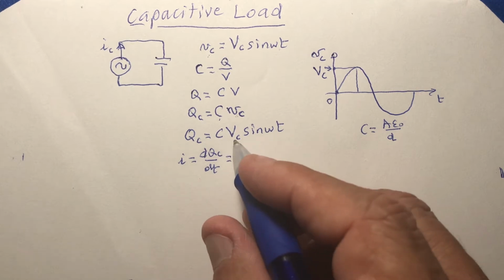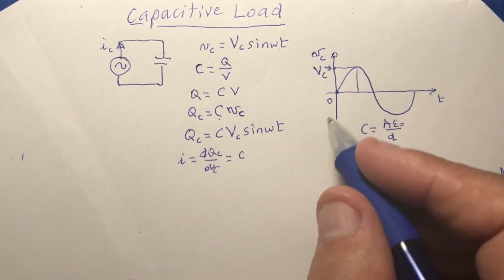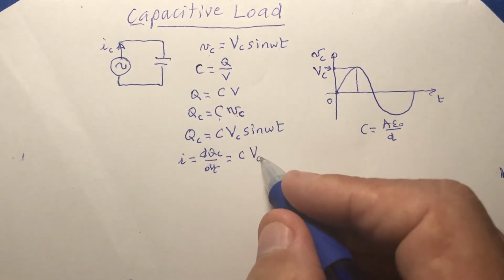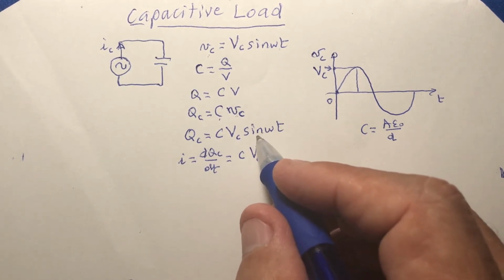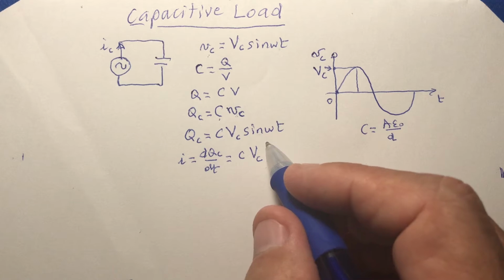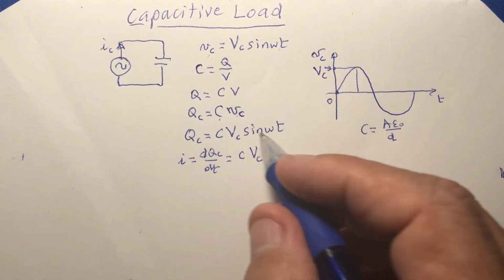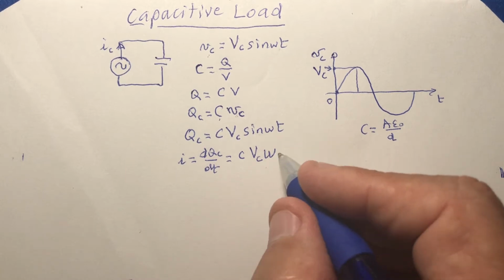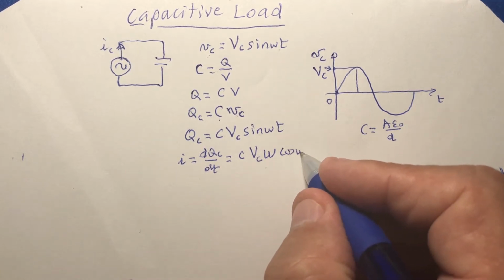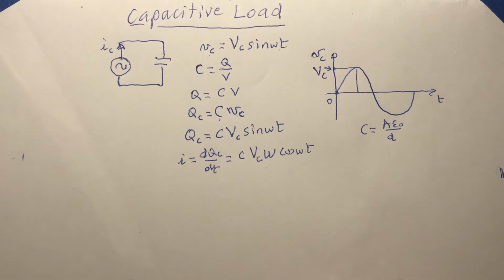VC is the amplitude, and it is constant. And you can see here I have the sine. I have to take the derivative of sine with respect to time, so I have to do the chain rule. So omega should come out, and we know the derivative of sine is cosine. So I put here cosine omega t.